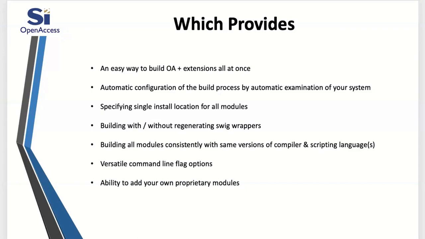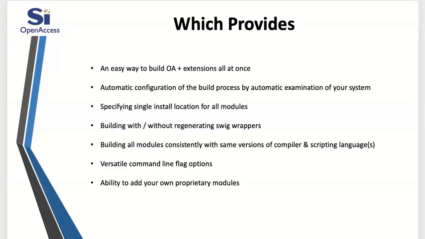So the single package with auto config provides an easy way to build OA and all the extensions all at once, automatically configuring the build process by automatic examination of your system, specifying one single install location for everything, building with or without the regeneration of the SWIG wrappers, and building all the modules consistently with the same versions of the compiler and the scripting languages.